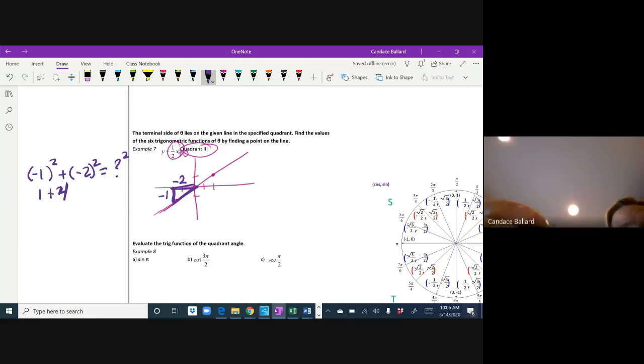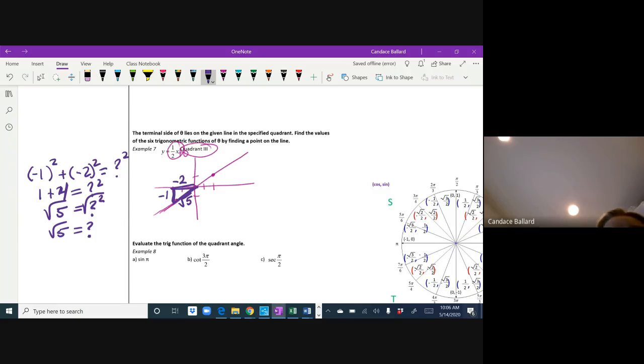Equals question mark squared. And I know that 1 plus 4 is 5, and then I'm going to take the square root of both sides. Ms. Rondeau talked about yesterday that when we take the square root of both sides like that, we'll only do the positive when we're doing the hypotenuse here. So I know that that hypotenuse is the square root of 5.